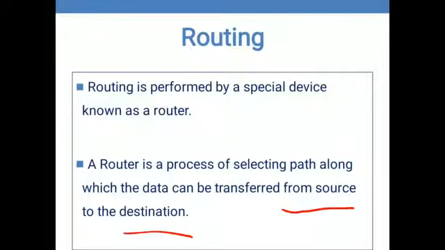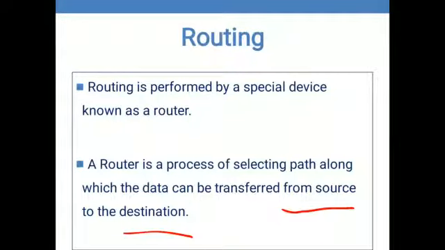In between the source and destination we have n number of intermediate nodes. So the router's duty is to select the best path between the source and the destination.